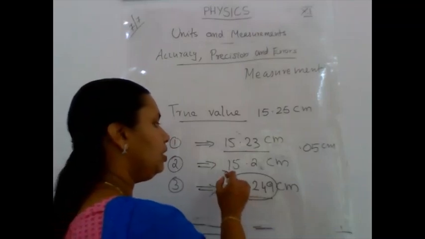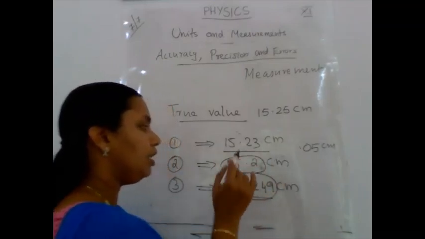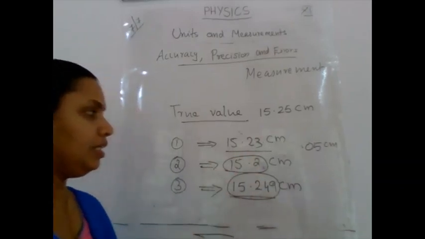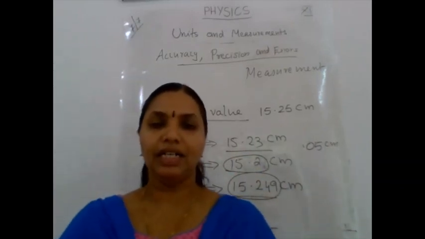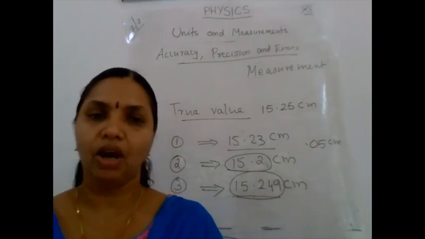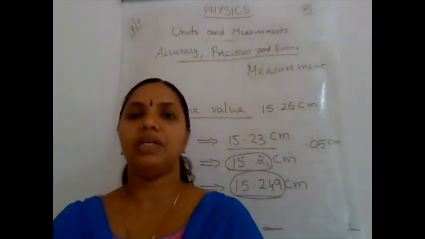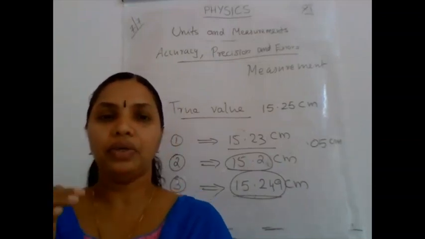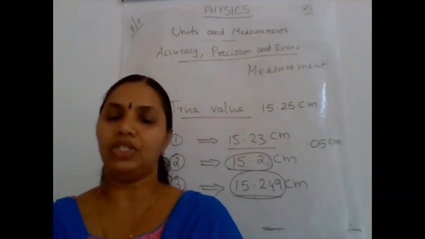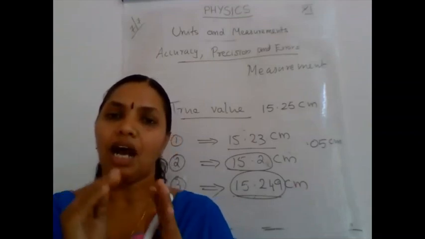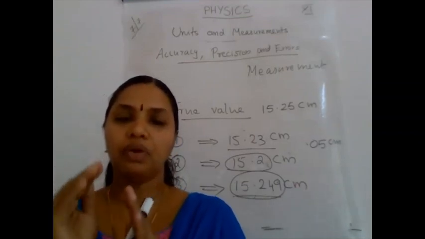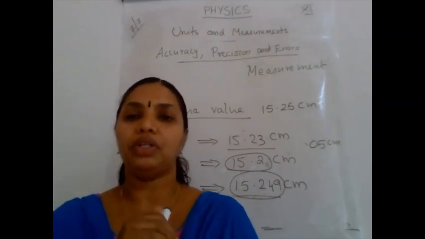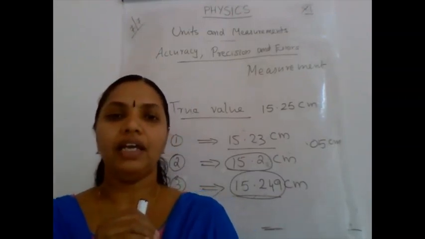So in this measurement there is some error. That may be my error: while taking the reading I made some mistake, or it is the error of the instrument which I used. Anything may happen. So accuracy means how close the measurement is to the true value or the actual value of a quantity.